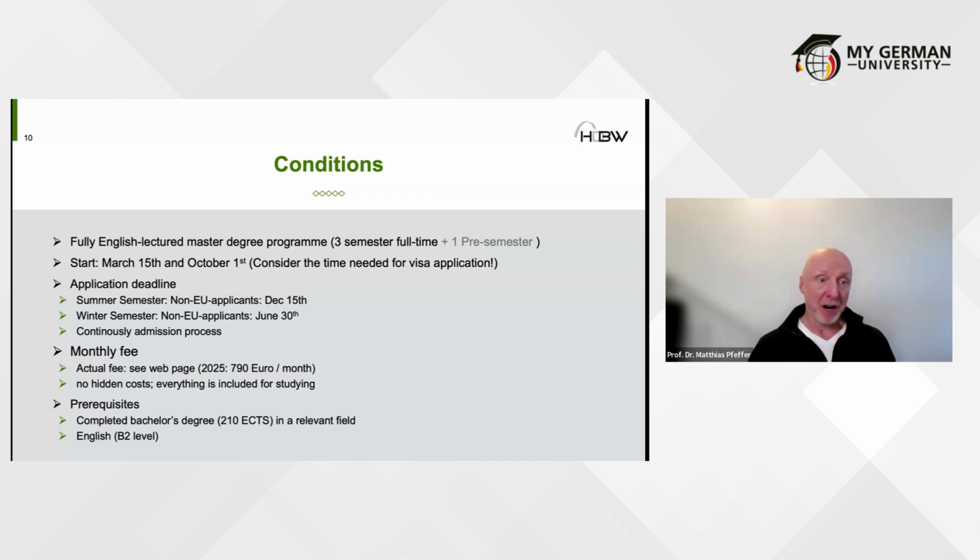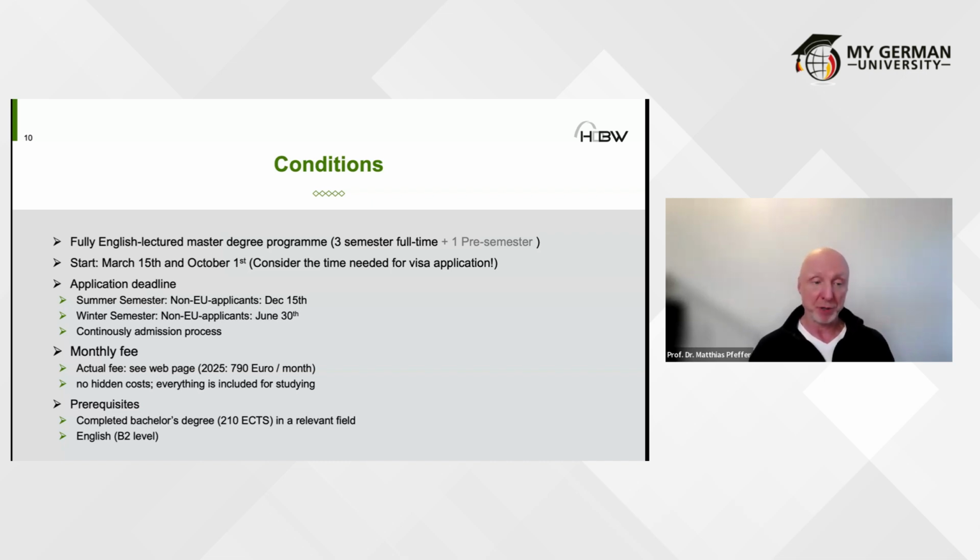So we start in March and October. For the deadlines, usually it's December and June. So you see here the deadlines for the application, but we have a continuous admission process. That means it's not a deadline process where you only then know if you're accepted or not.